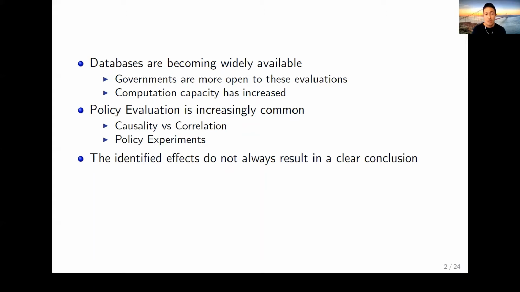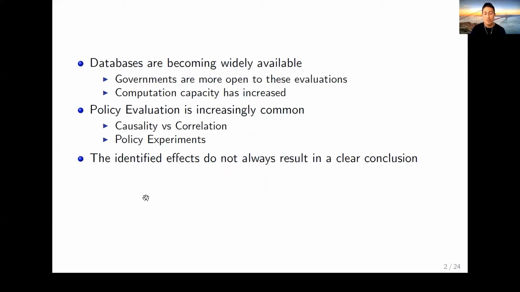And then the other thing that has been happening is that because of these preoccupations, policymakers are conducting experiments. Whenever you conduct an experiment, because you randomize individuals into treatment and control groups, you're really able to see what's the causal effect of this policy instead of just looking at the association between a policy and a particular outcome.